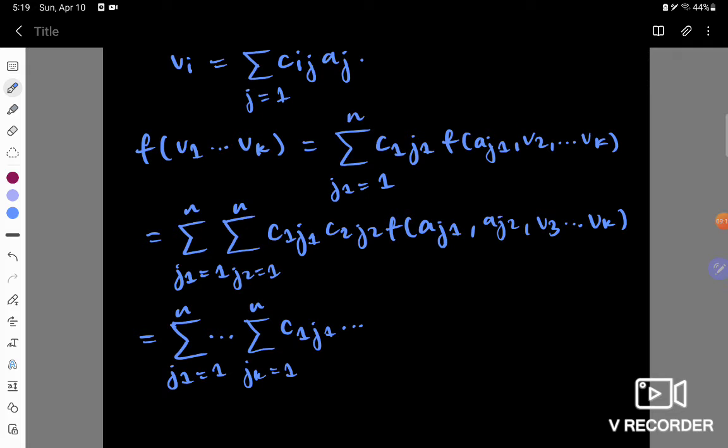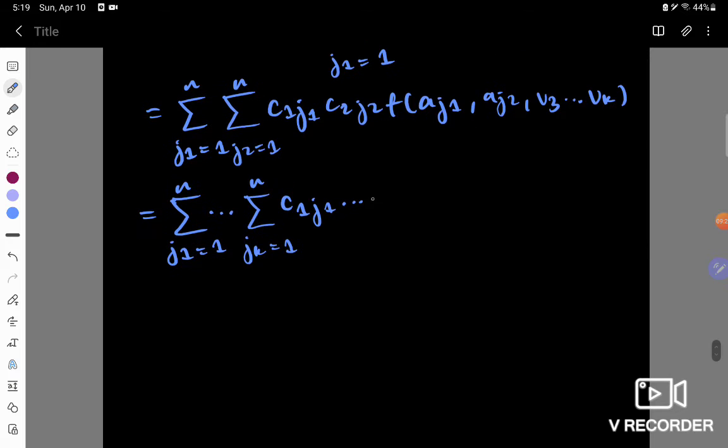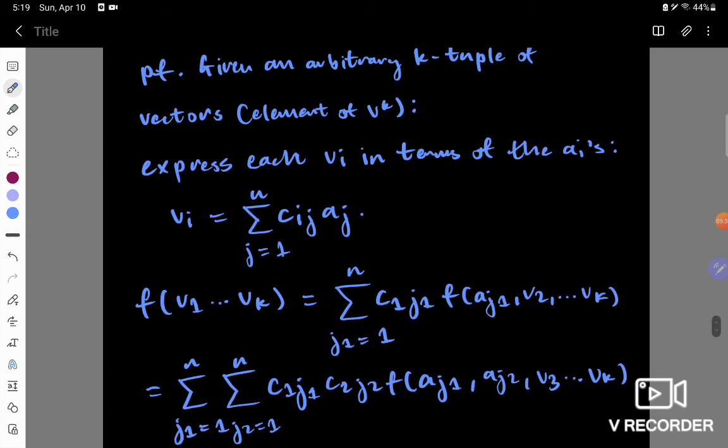You're going from j1 equals 1 to n, so you have c_1,j1, and you will go to jk equals 1 to n, so c_k,jk, and then you will have expressed f of a sub j1 through a sub jk as just these basis elements, right?